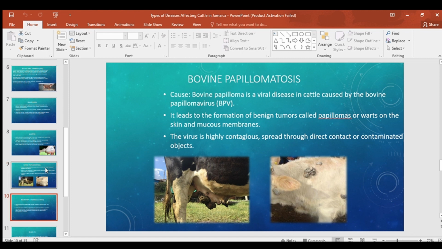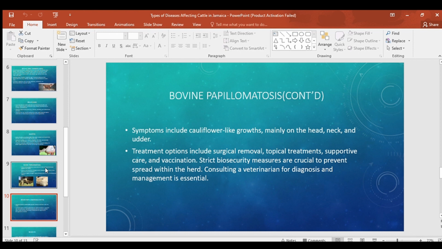So normally this is treated through surgical removal. They use topical treatments, supportive care, and vaccination. But a thing that I've done to treat this particular condition is an autogenous vaccine.